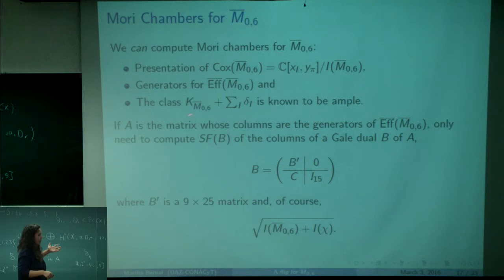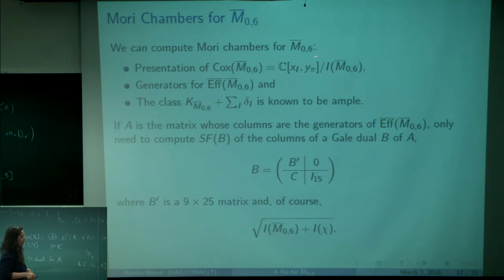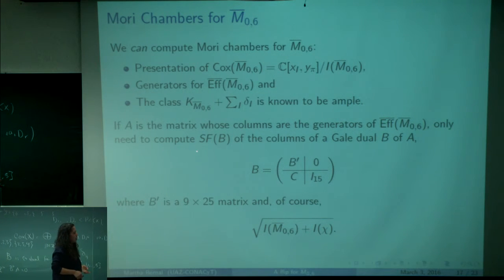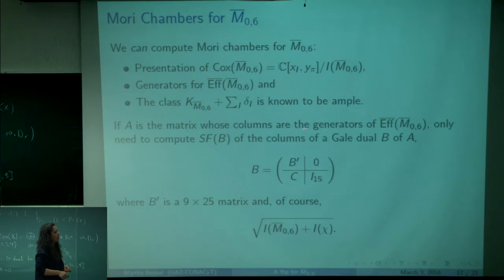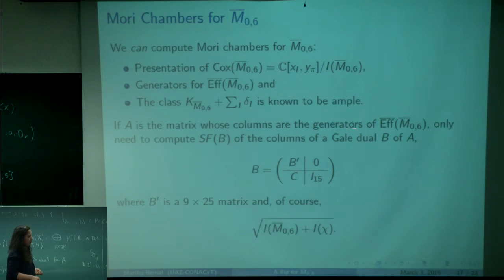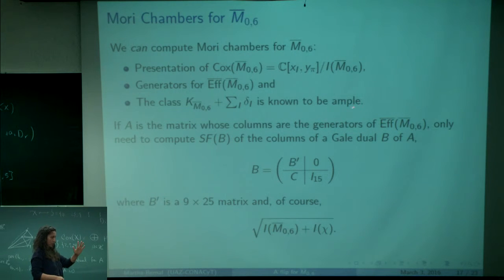So I said before, we only need to perform the variation of GIT for the affine space A to the 40. And that means computing the secondary fan of a Gale dual of A, where A is the matrix whose columns are the generators of the effective cone, 40 columns in Z to the 16. Doesn't sound that bad.